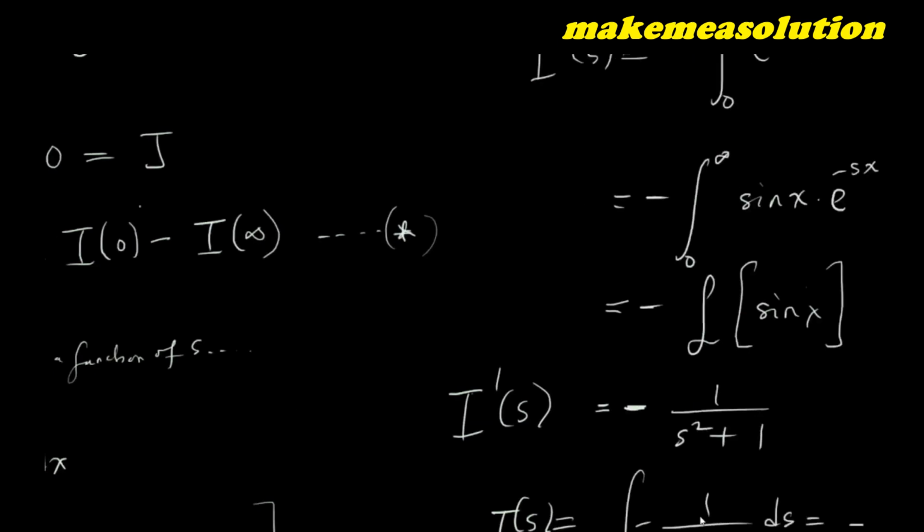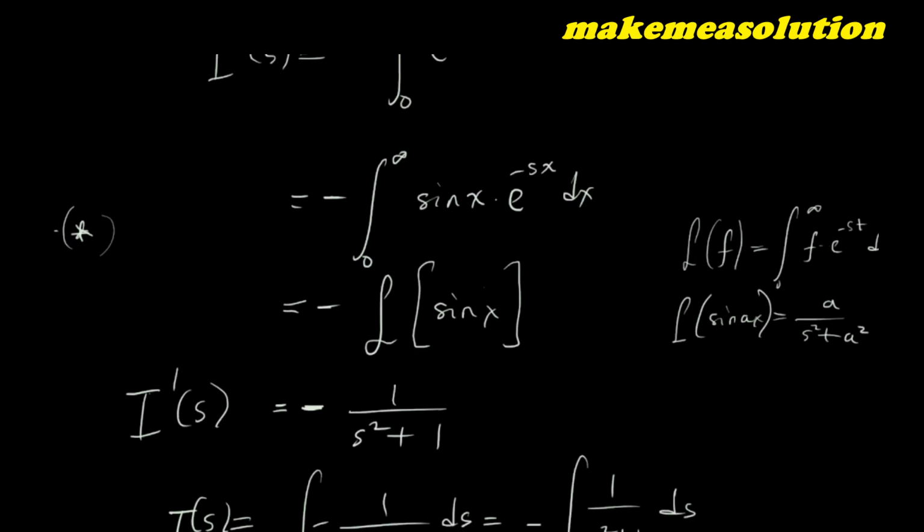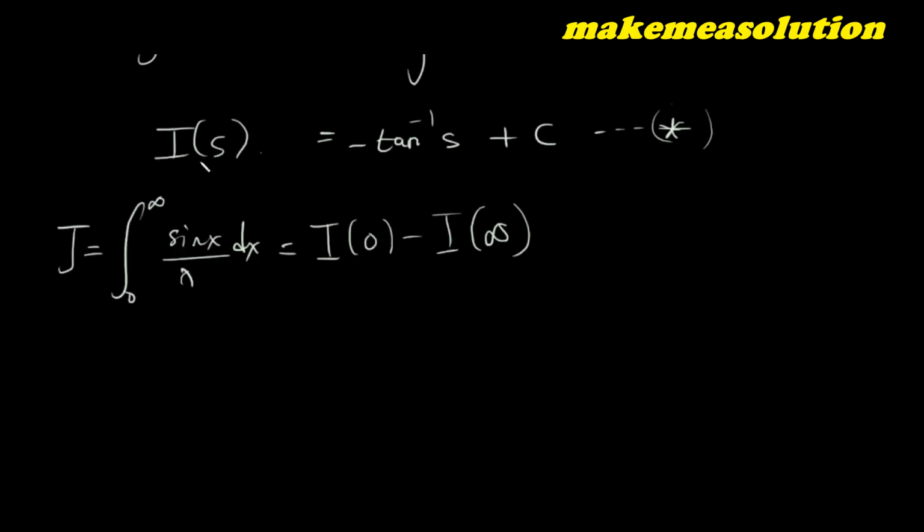Now that we've gotten an expression for I of s, all we need to do is find I of 0. So I of 0 is minus tan inverse of 0 plus c, which is actually c, because tan inverse of 0 is 0.